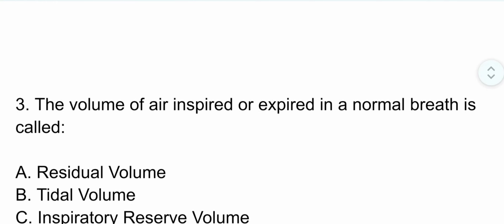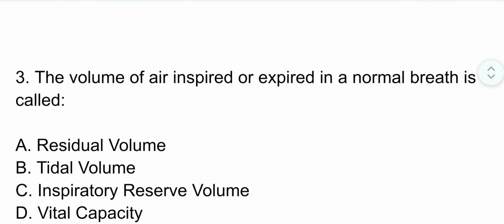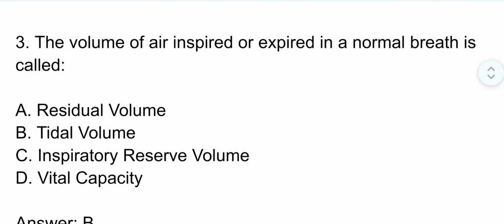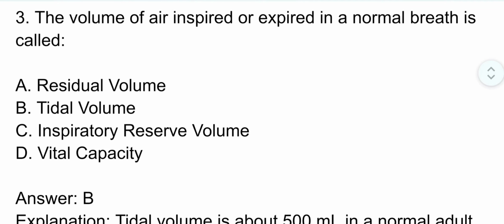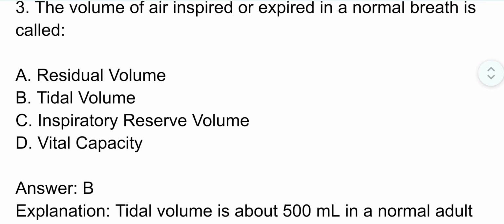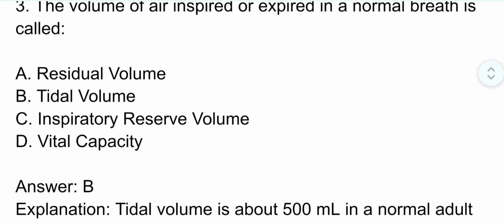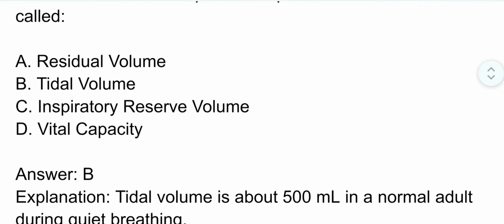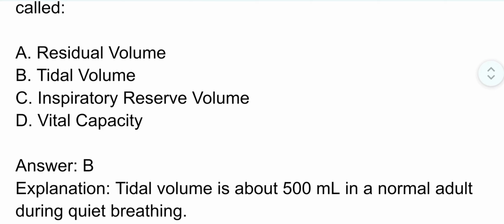Question number 3. The volume of air inspired or expired in normal breathing is called. The correct option is option B, tidal volume. Tidal volume is about 500 ml in a normal adult during quiet breathing.